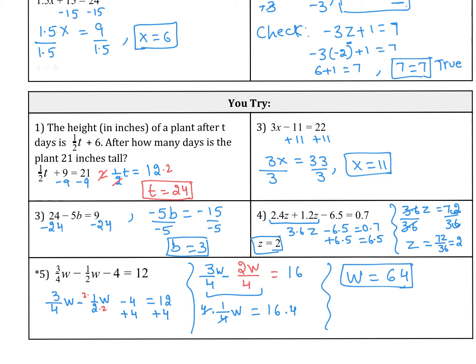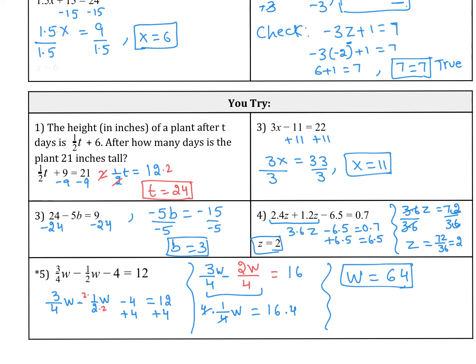For number 5, if you see fractions and you want to add or subtract them, it's really important that you have the same denominator. To make the same denominator, you multiply by 2 and divide by 2.